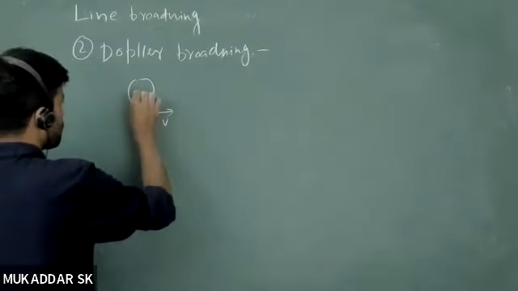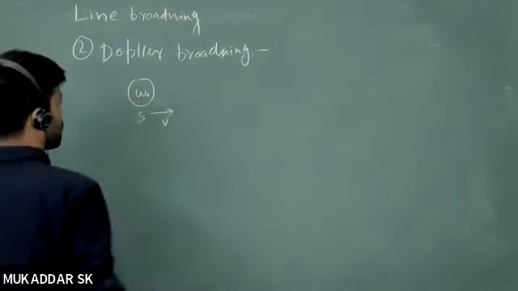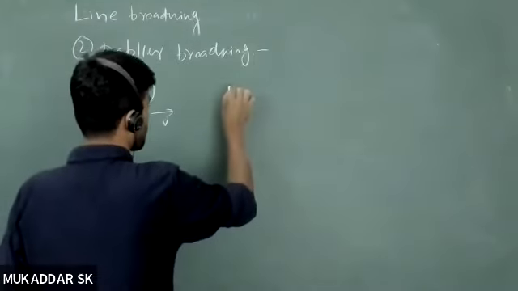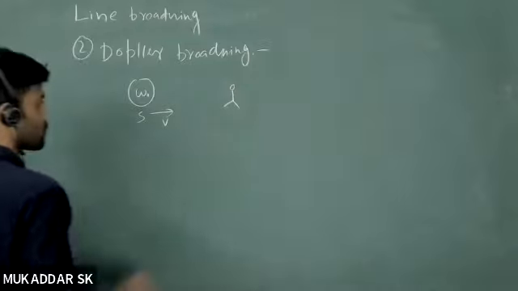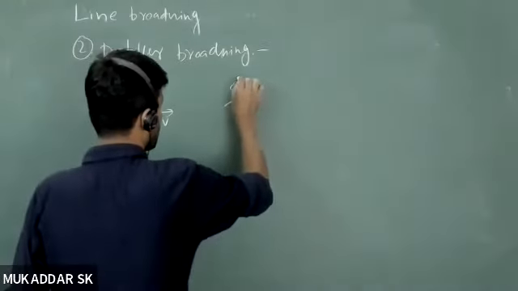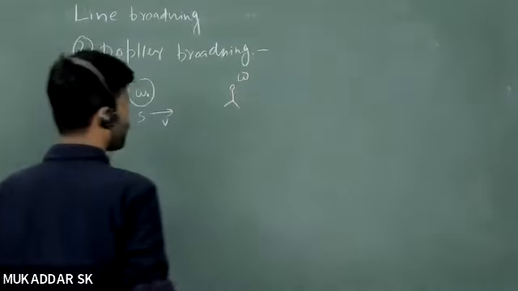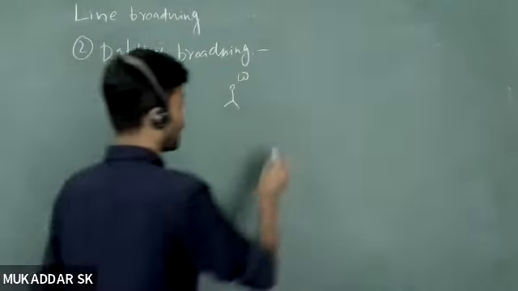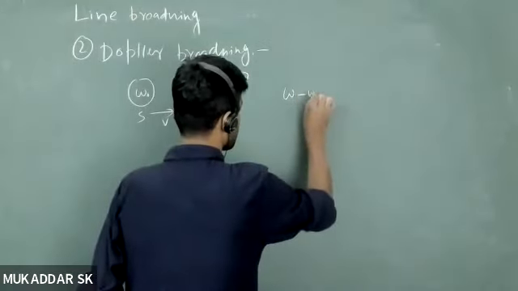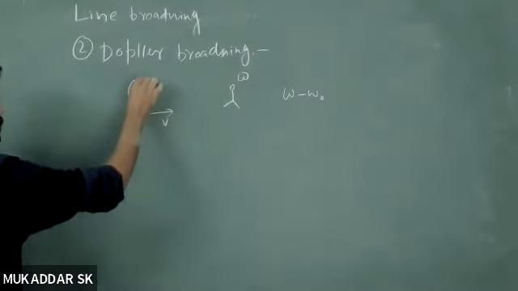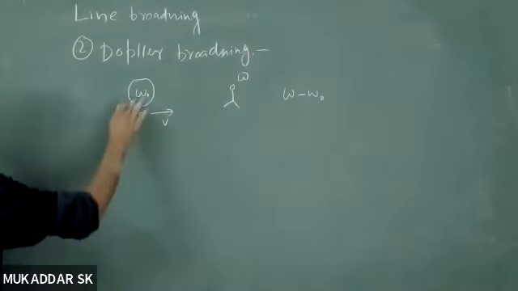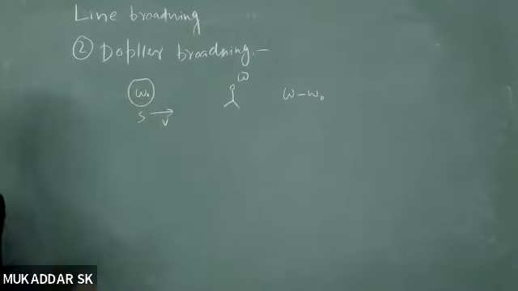The frequency of this source is nu naught, and there is an observer here. Let us assume that the observer observes the frequency omega. So this source is producing an electromagnetic wave of frequency omega naught.